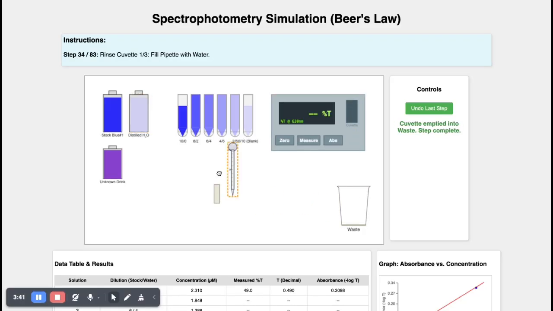Here we are cleaning it again. After each measurement, we clean our cuvette and repeat the same process. Measure, here we're cleaning it again.